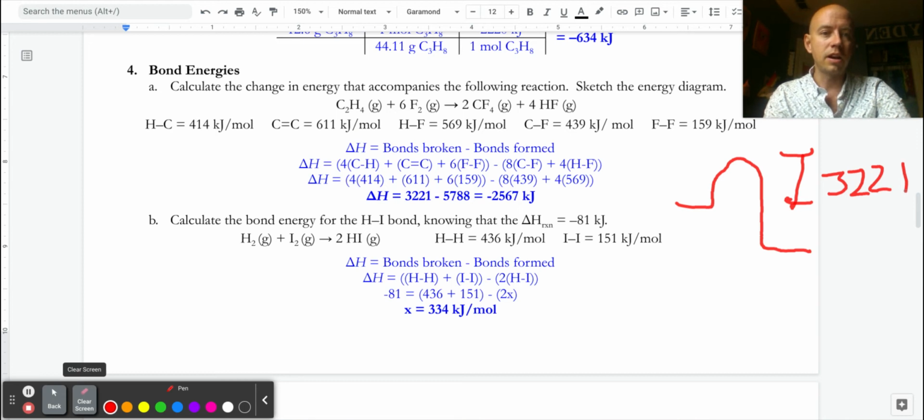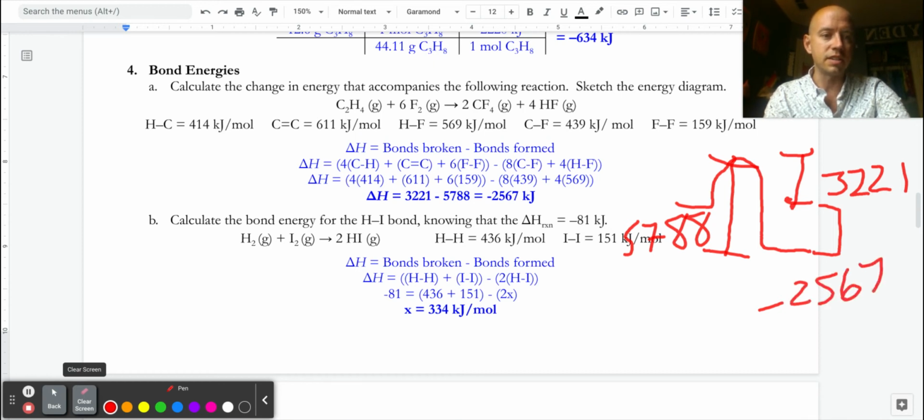And our downhill, that entire thing there, would be the 5,788, which would leave right there my negative 2,567. So super ugly, but you get the idea that I know exactly how much up, exactly how much down, and exactly how much the difference is as well.